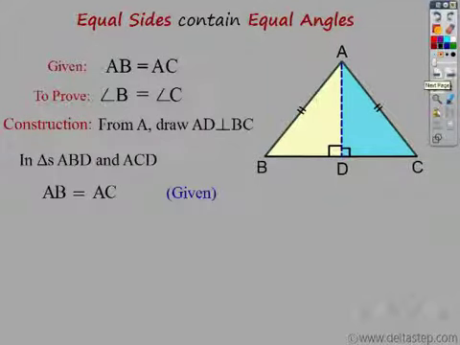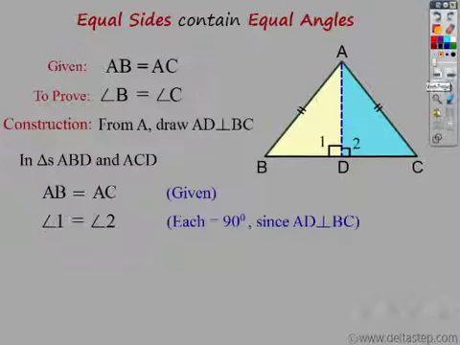AB is equal to AC. The second thing: let's call this angle 1 and this angle 2. Angle 1 is equal to angle 2, each is 90 degrees. Then the third thing is AD, which is shared by both these triangles. It is common to both of them, so AD is equal to AD.